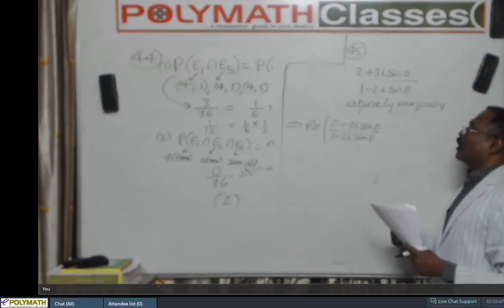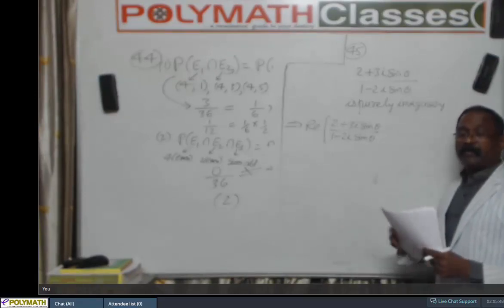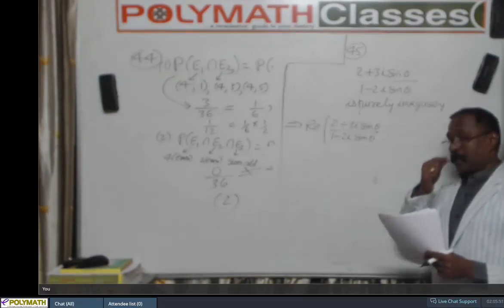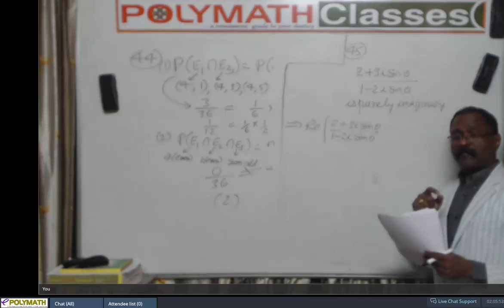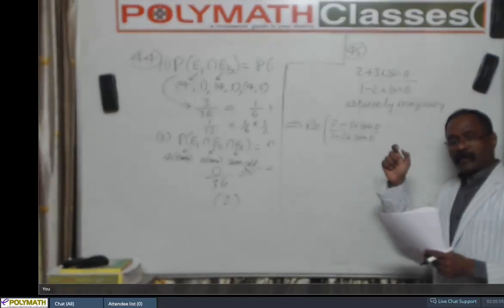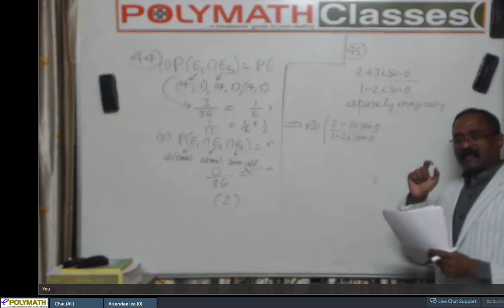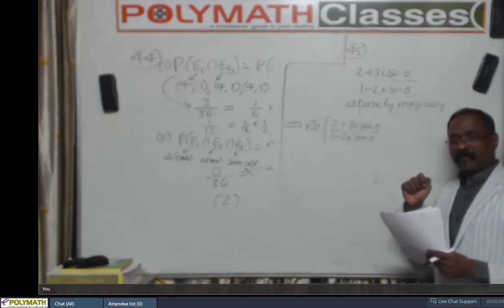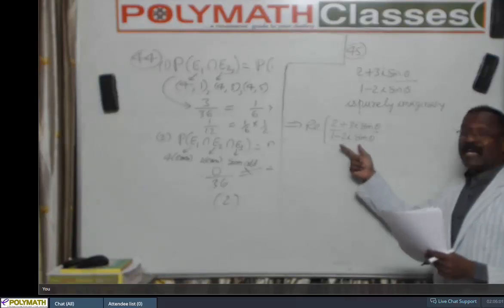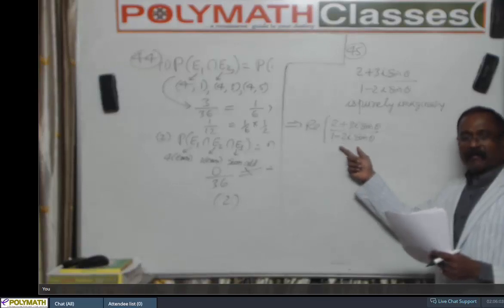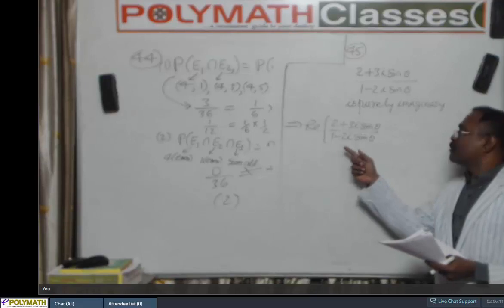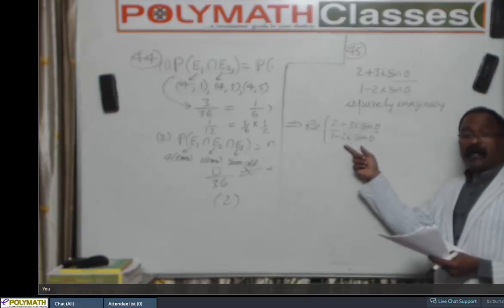So what shall we do now? You have to express it in the form of x plus iy, real part plus i into the second part. For that purpose, I'm realizing the denominator. Generally, this word is not used, but I'm using it. Rationalizing means elimination of root; realizing means eliminating the imaginary part here.